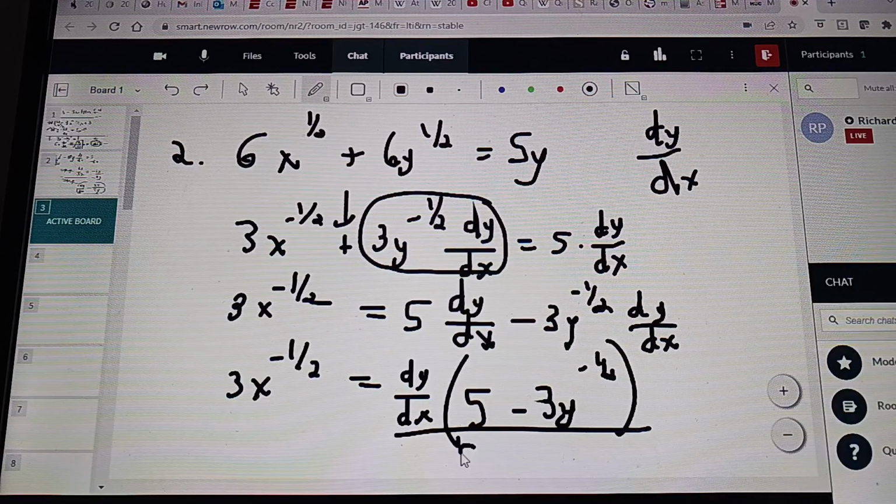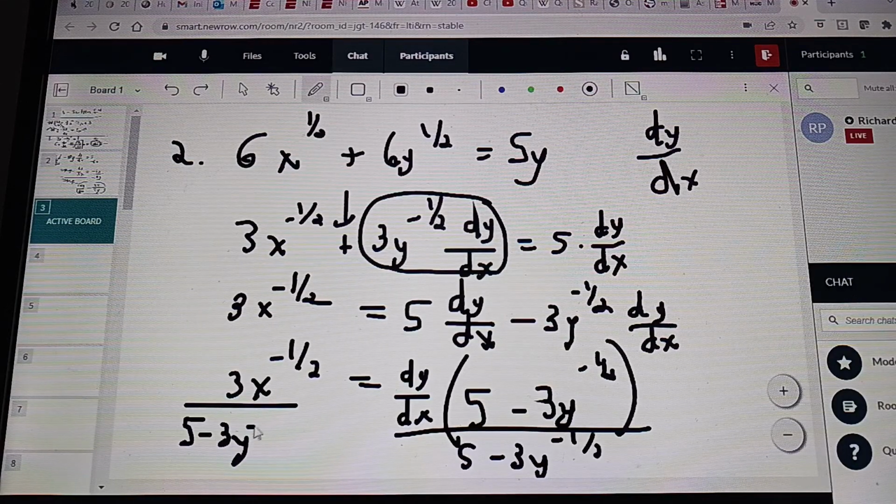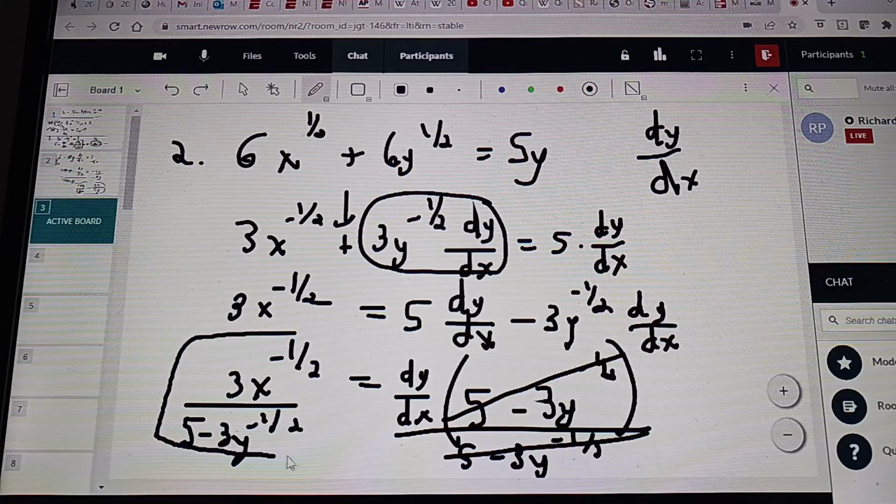You don't really care how messy the other side of the equation gets. Divide both sides by that. There's dy over dx by itself. This is probably a good enough answer. Maybe they don't like the negative exponents, but usually in calculus they don't mind that.